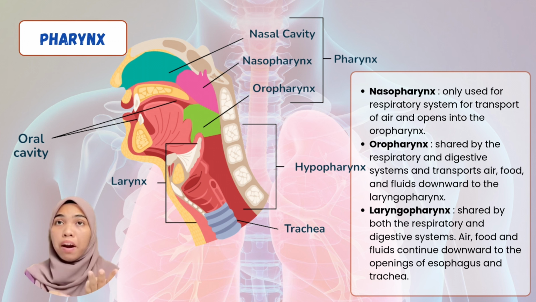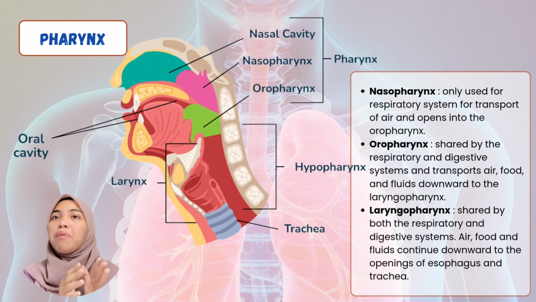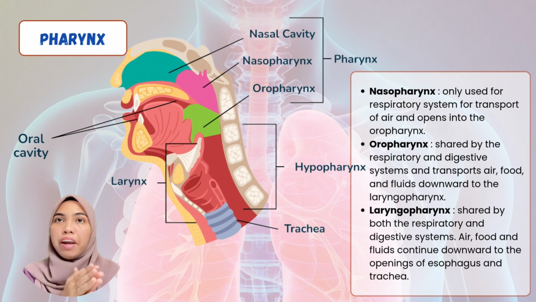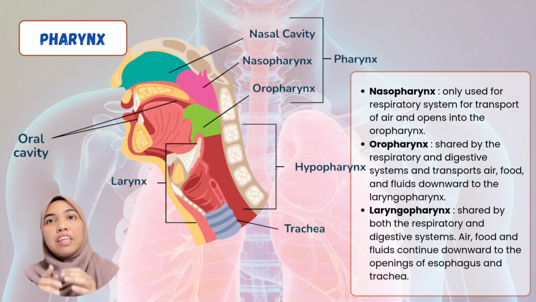The pharynx has three parts, which are the nasopharynx, oropharynx, and laryngopharynx. The nasopharynx is only used for the respiratory system, to transport air, and opens into the oropharynx. The oropharynx is shared by the respiratory and digestive systems.